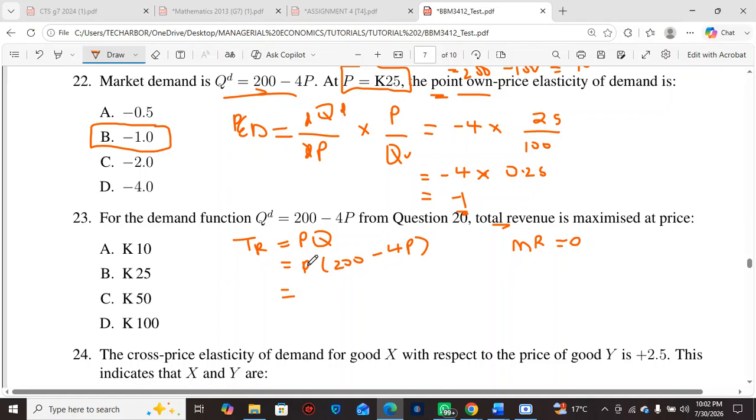So P times 200 is 200P, then P times negative 4P gives negative 4P squared. That is our total revenue.